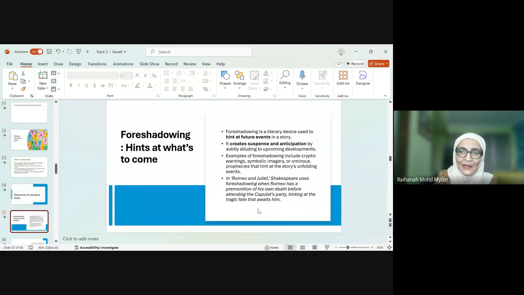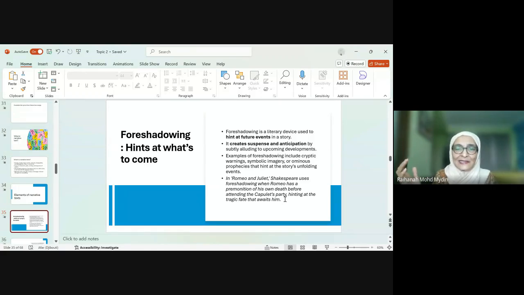For instance, in Romeo and Juliet, a lot of Shakespeare's tragedies tend to use foreshadowing, especially the element of death. In Romeo and Juliet, Shakespeare incorporates foreshadowing when Romeo has a premonition of his own death before attending a particular party. He's about to enter a party.